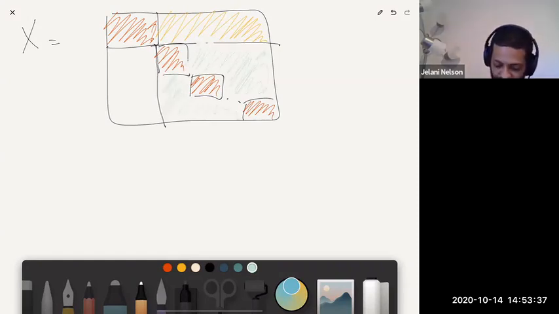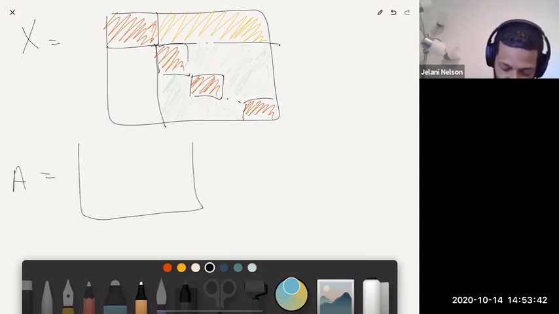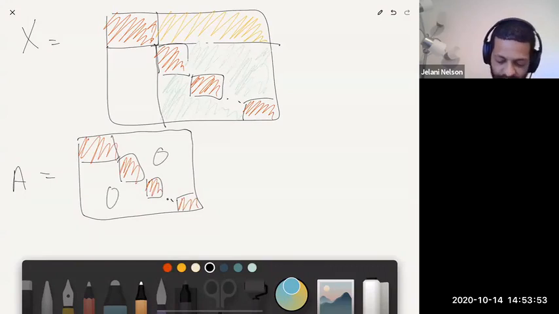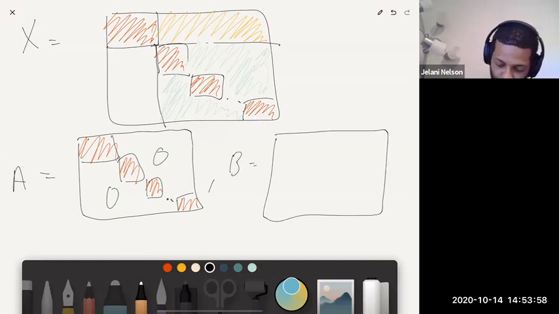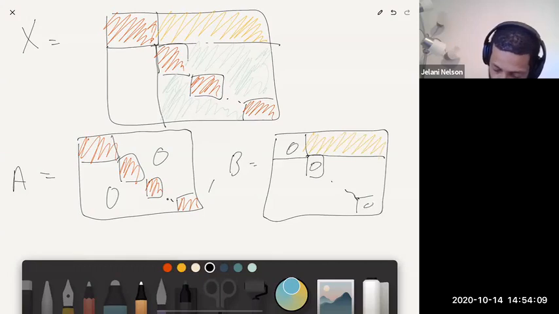So what I'm trying to say is that A is basically this matrix. That's A. B is this matrix. That's B, right? Which means that this right here is B transpose, basically.